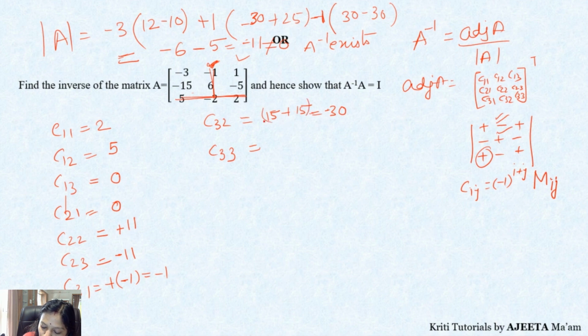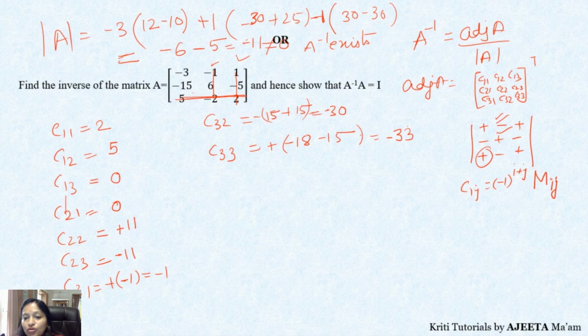Now C33. Positive sign. And leave the row and column in which 2 is there. So 18 minus, and then we get here minus 15. Correct? So what will be the answer? Minus 33. So this is how you get it. Correct? So this is what we have. So this is what we get for the cofactors.